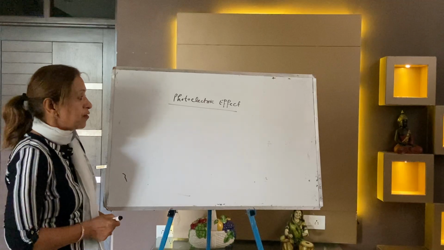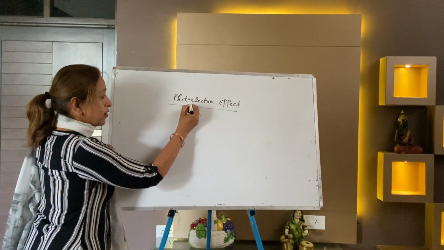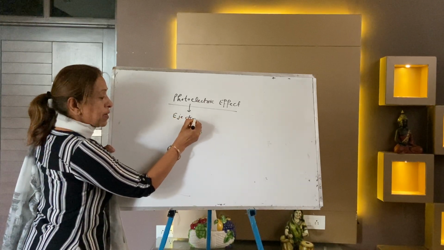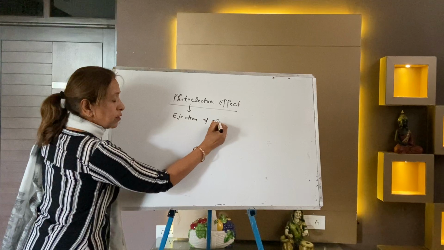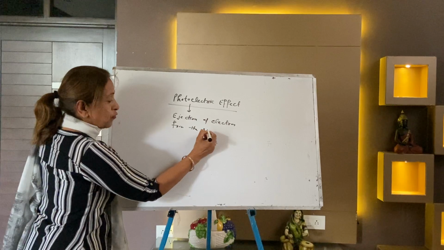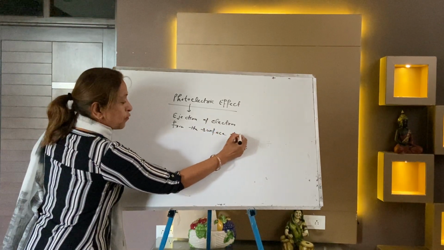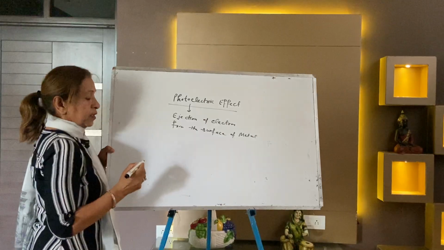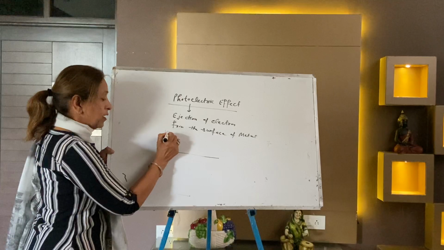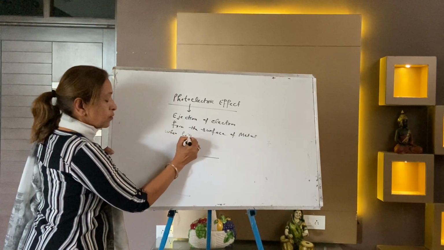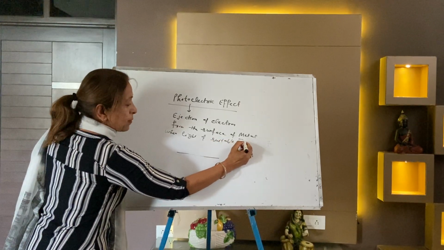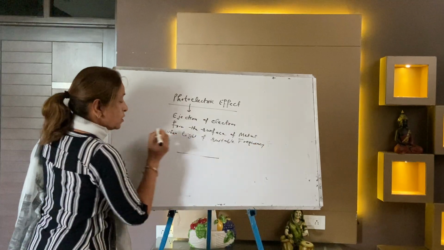So what is photoelectric effect? First of all, photoelectric effect is the ejection of electron from the surface of metal when light of suitable frequency falls on it.